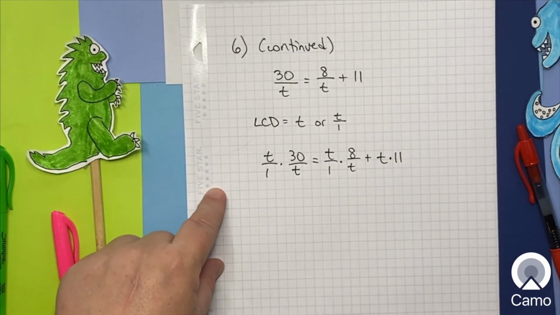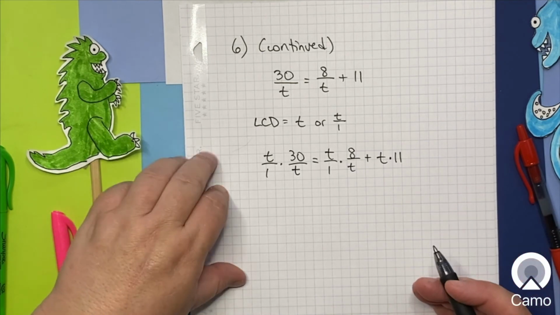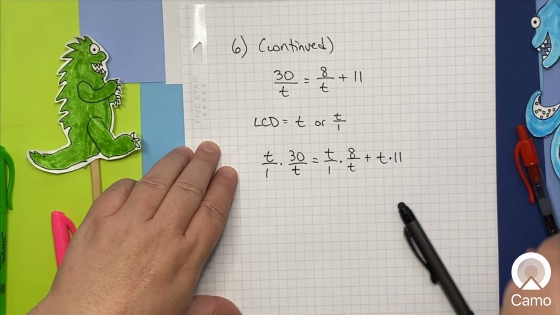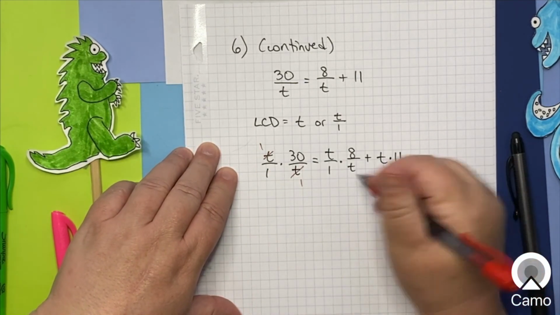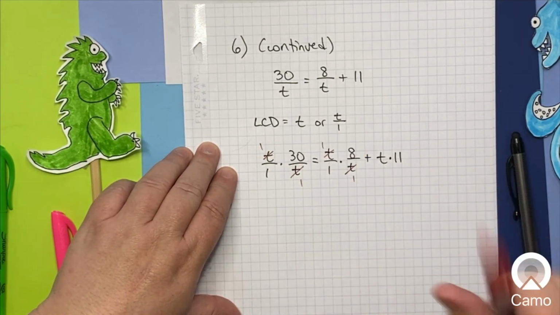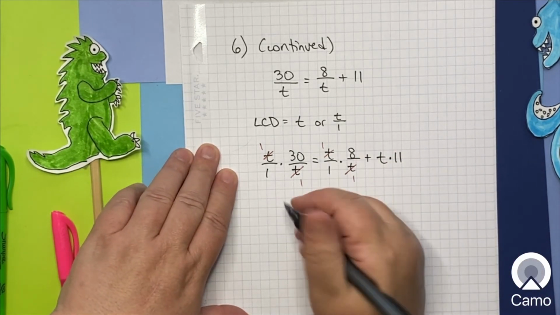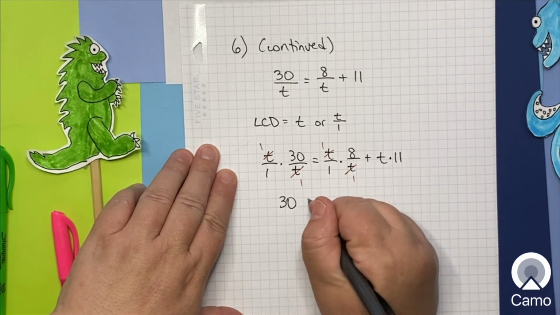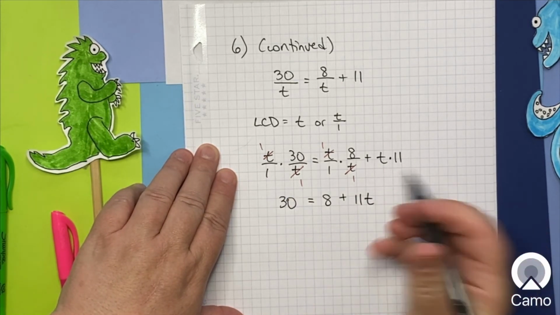They're equal, right? T and t over 1 are equivalent expressions. Okay, so the t's cancel here. Thank goodness. They also cancel here. Thank goodness. Make a bit of a mess over here, but that's okay. We can totally handle it. So 30 equals 8 plus 11t.